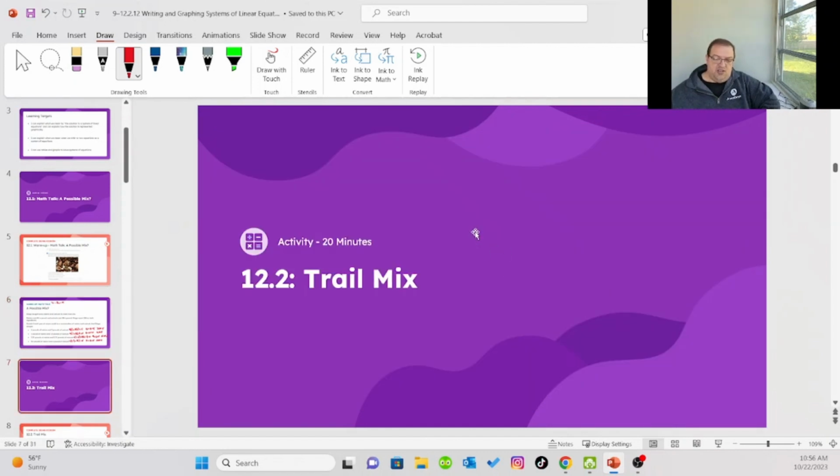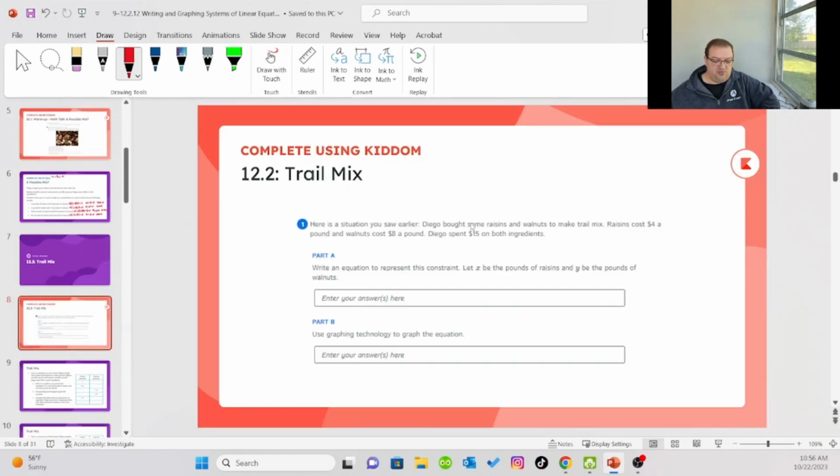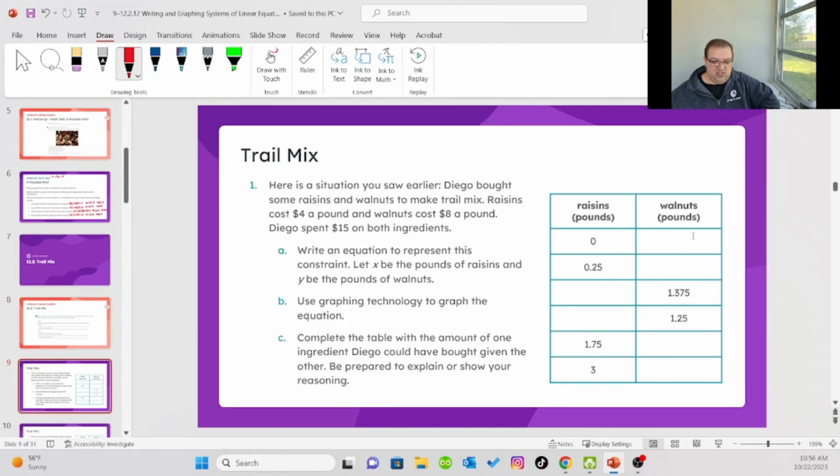Our first activity is 12.2, titled Trail Mix. Here is a situation you saw earlier. Diego bought some raisins and walnuts to make trail mix. Raisins cost $4 a pound and walnuts cost $8 a pound. Diego spent $15 on both ingredients.